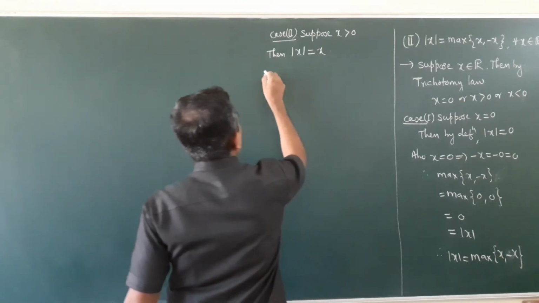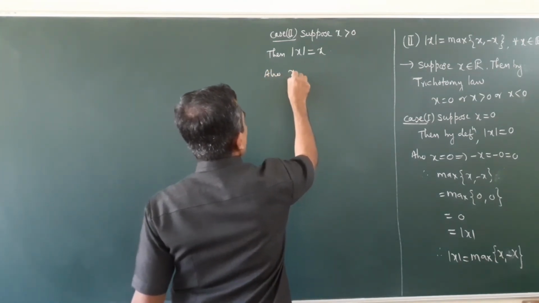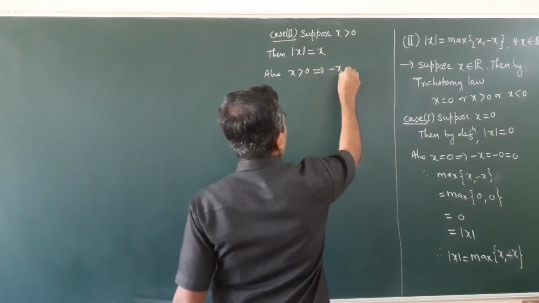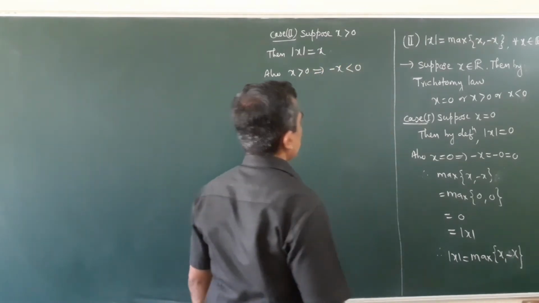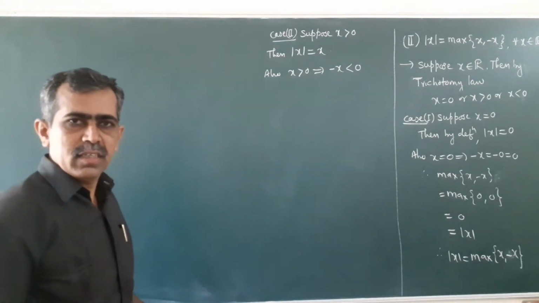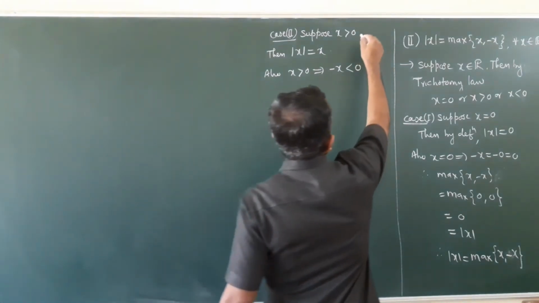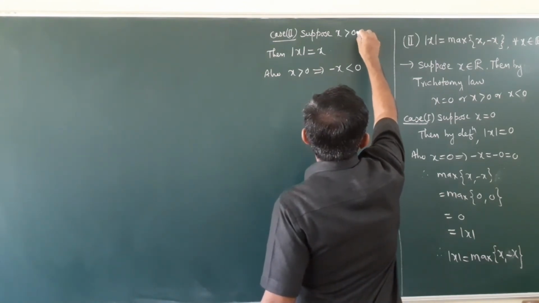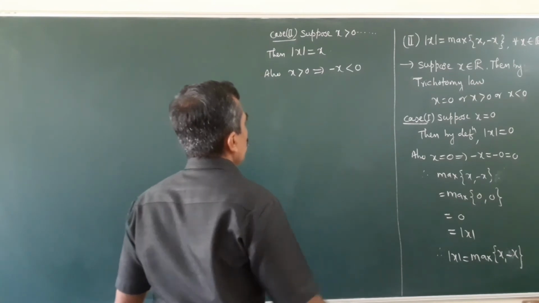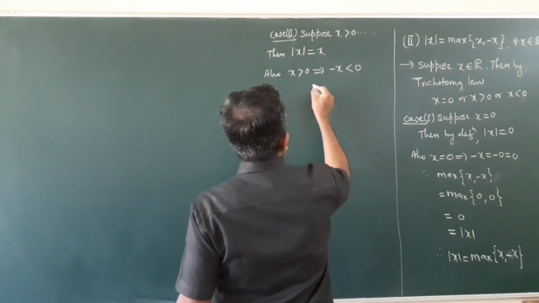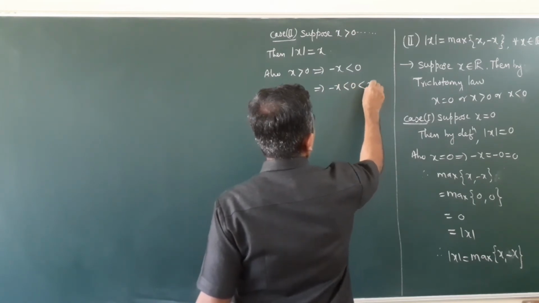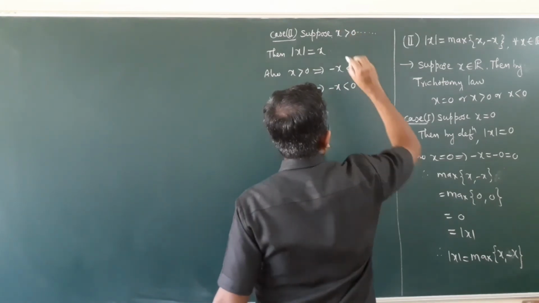Also, x greater than 0 implies minus x is less than 0, and 0 is less than x.